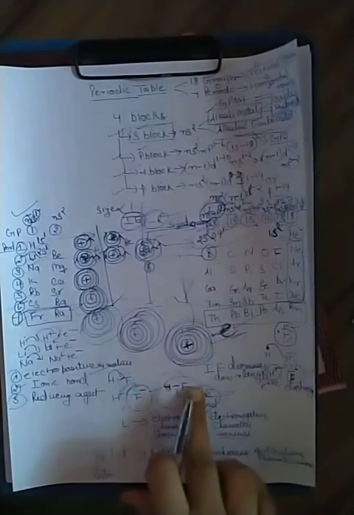And from left to right, ionization enthalpy increases due to extra nuclear charge.